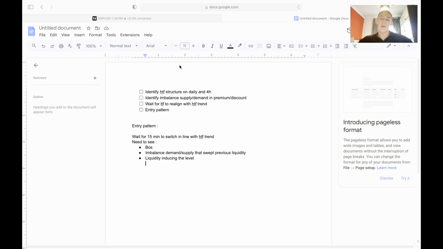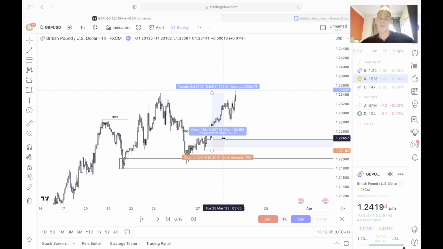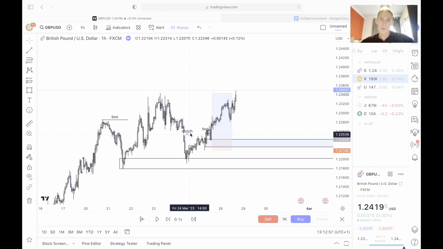And then we simply wait and see if we get the entry pattern, which consists of a break of structure, an imbalanced level of supply and demand with liquidity above it. So simply just following the order flow and following the flow of price. Once we get confirmation that price has switched back bullish from our level of demand, whereas before we were in this downtrend approaching the level.